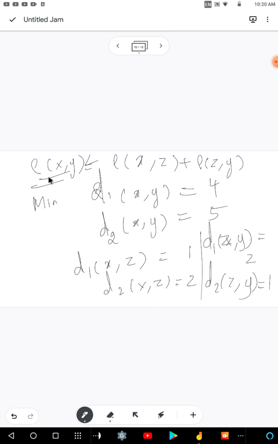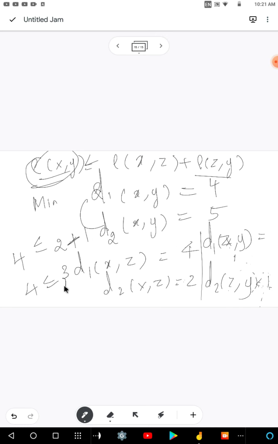Then rho of x comma y is 4, while rho of x comma z is 1 and rho of z comma y is 1.